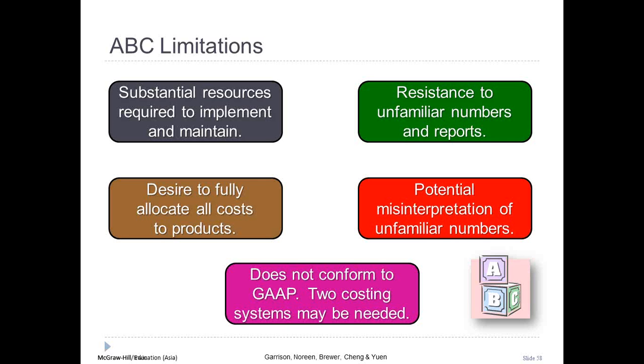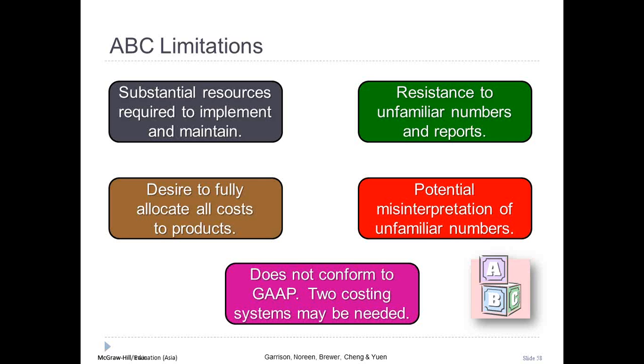Also in practice, most managers insist on fully allocating all costs to products. The ABC system described in the main portion of this chapter does not conform to this preference. The next limitation is that ABC systems do not automatically identify the relevant costs for particular decisions. Therefore, ABC data can be easily misinterpreted and must be used with care when making decisions.